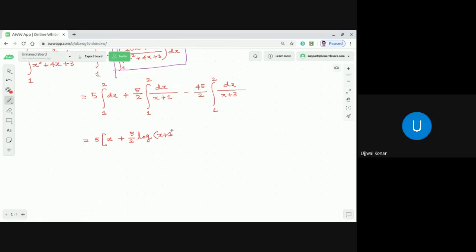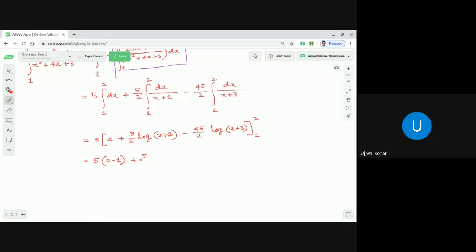Log of x plus 1 minus 45 by 2 log or ln, both make sense. In this context, it is the same. 1 to 2, correct? First, we apply the value of 2. So 10. So then what will we get? 5 into 2 minus 1, correct or not?